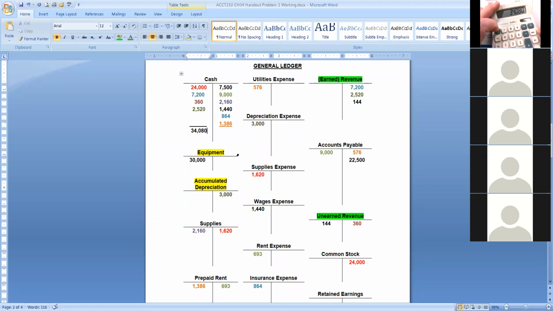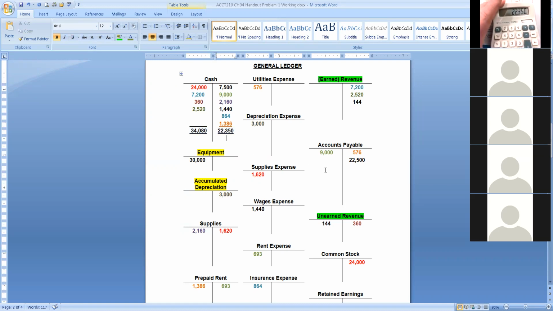The other side. 7,500. $22,350. And I'm going to add those up again just to make sure.